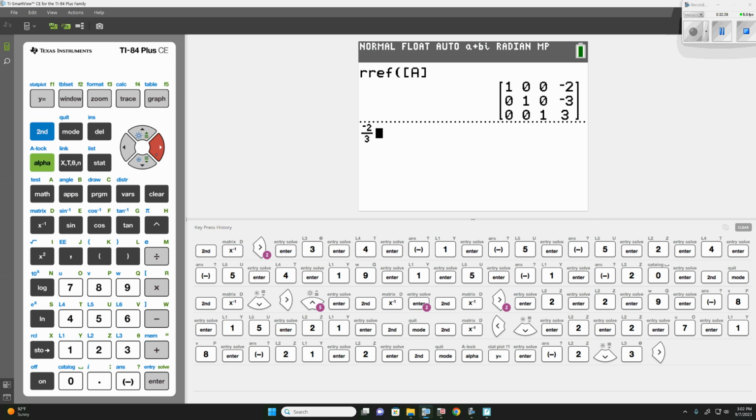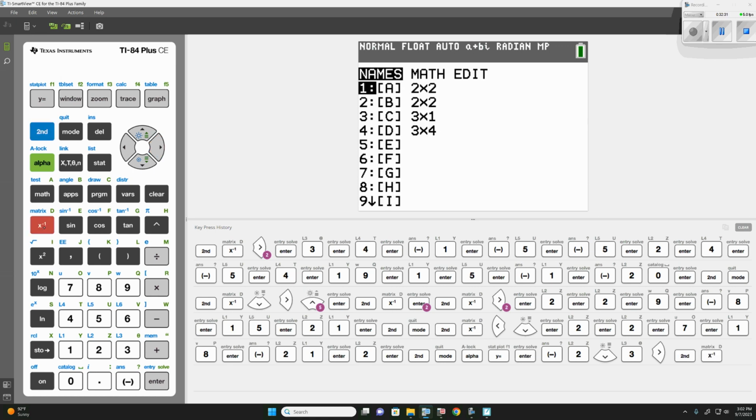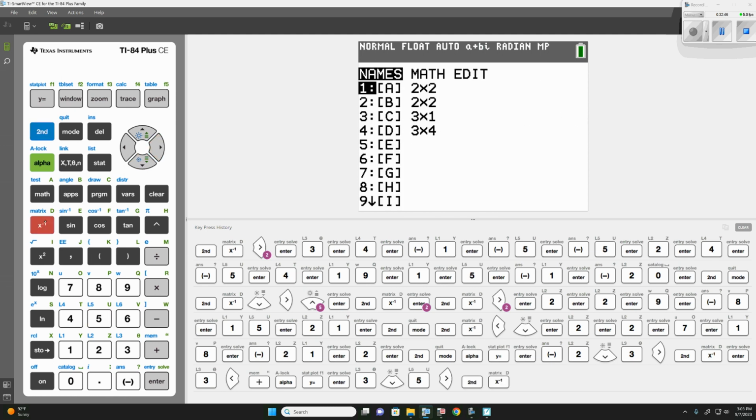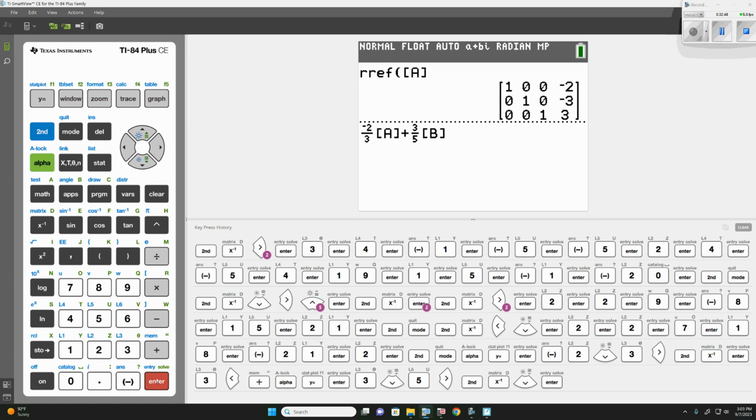And we're going to recall matrix A, so second matrix A. And we're going to add to it the fraction, alpha y equals enter, 3/5, and then we'll go second matrix B. And then you just click. It's so easy. And that's it. You can write as fractions.